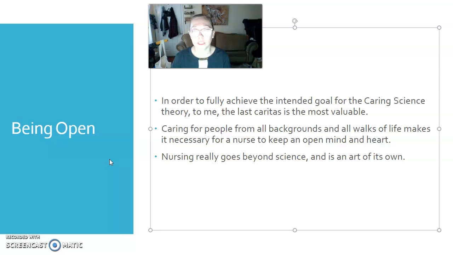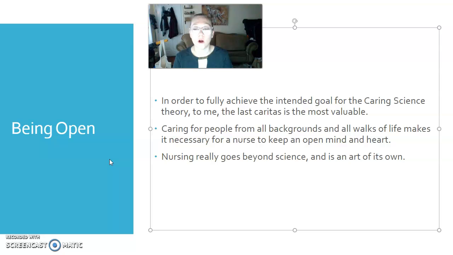And now down to the Caritas process that I chose, being open. In order to fully achieve the intended goal for caring science, the last Caritas is the most prominent, being open. Like I said in the previous screen, everybody has a different belief or spiritual system.